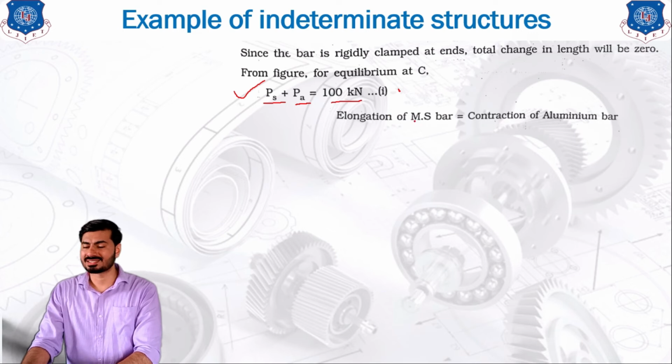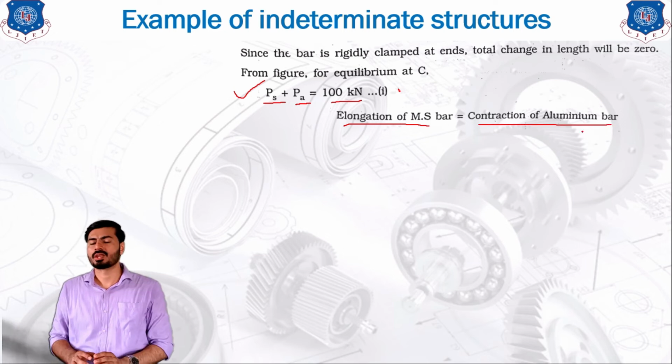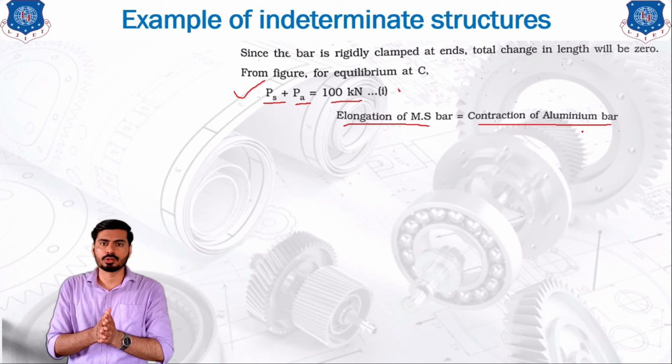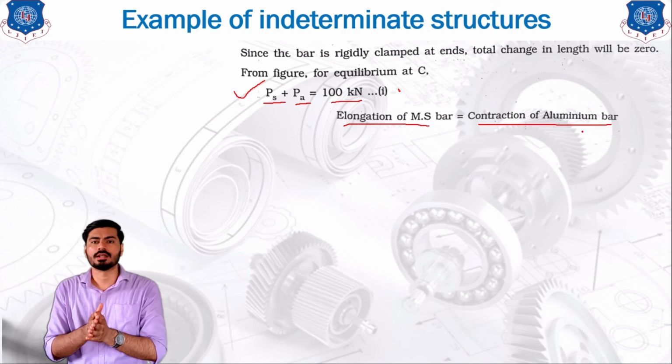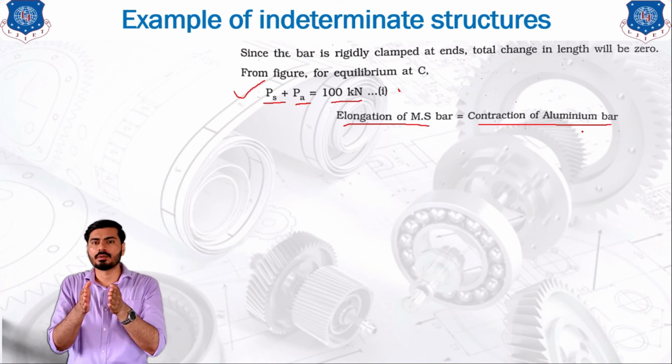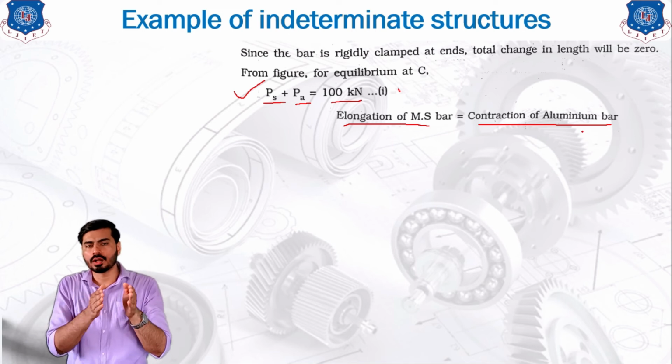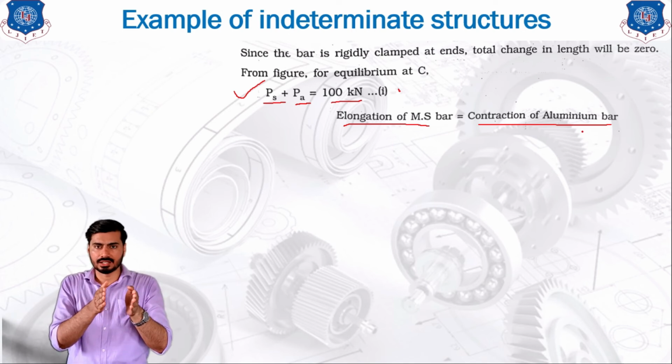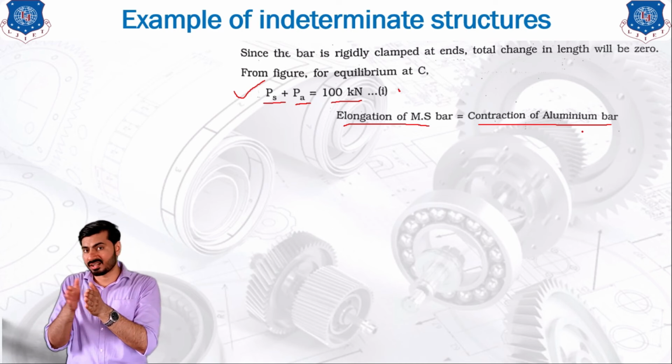And the second step is nothing but the elongation of the MS bar is the contraction of the aluminum bar. Now, how did we arrive at this particular relation? We know that both the ends of the bar are fixed. You cannot contract them or elongate them. So what will happen? If the first material is trying to get elongated, it will have to contract the second material.